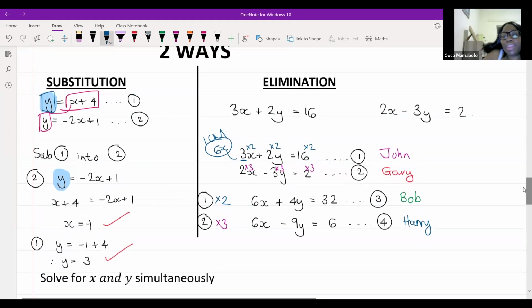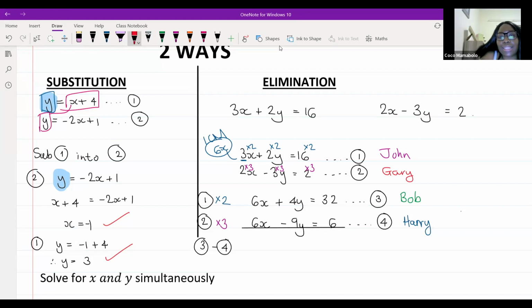What we're now going to do is note that if I subtract these two equations from each other, 6x minus 6x is going to give me 0. So I'm now going to say equation 3 minus equation 4. I'm going to subtract each of them, one underneath the other.